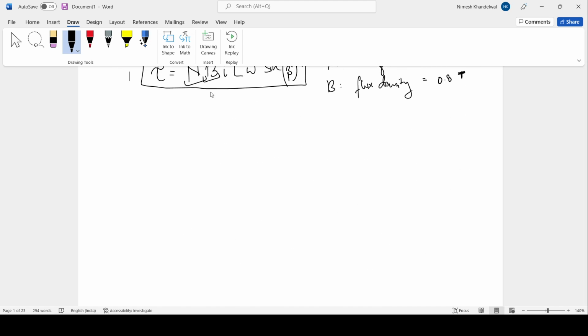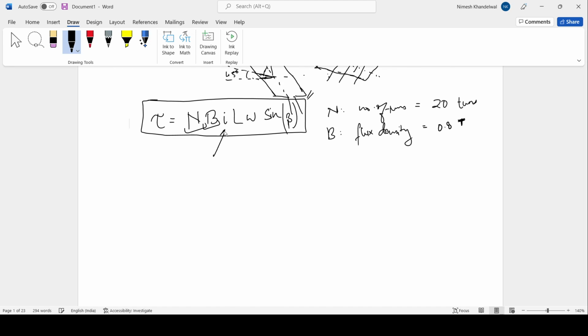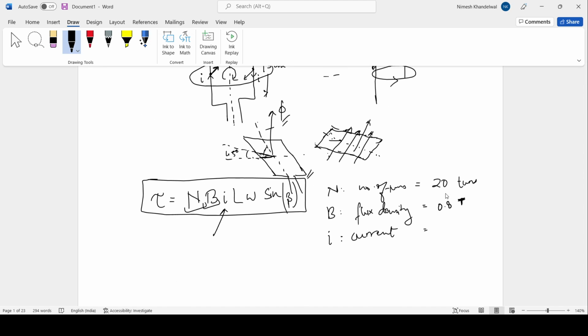And then you have your current in the coil, which in the future we'll call the armature current, but we'll discuss it when we come to that kind of question. For now it is just the current in the coil, and it is given as 5 amperes.